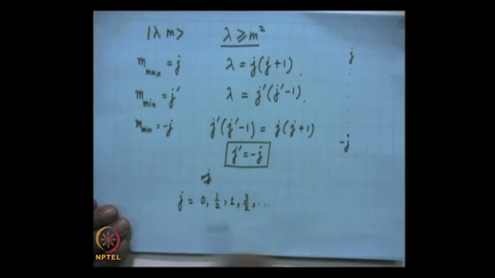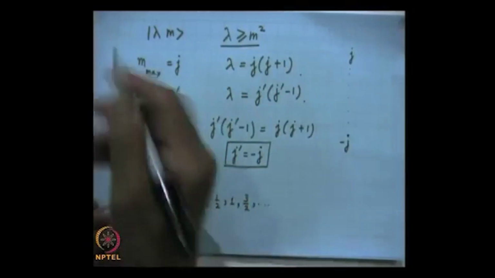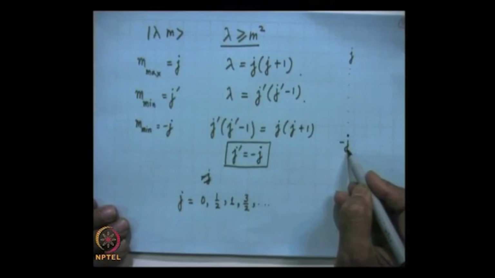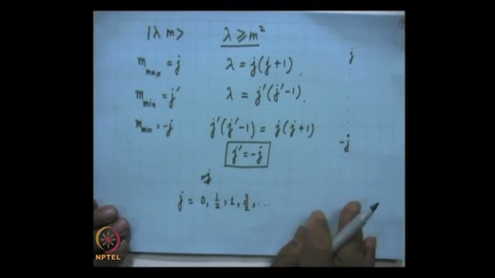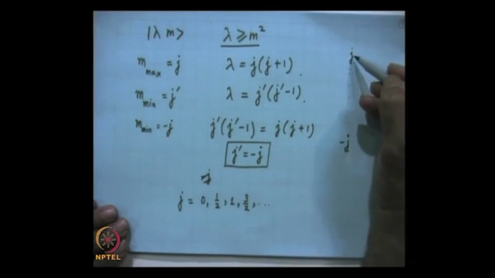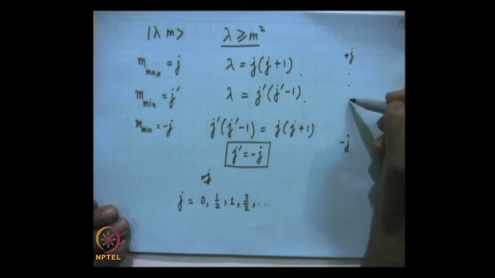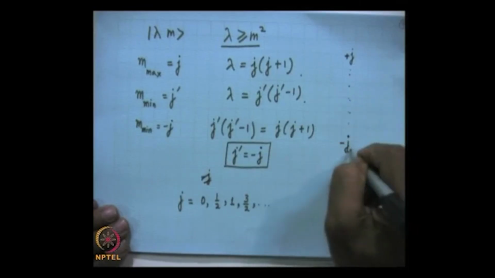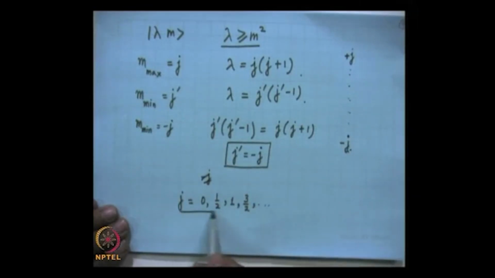Because we have said that if m is an eigenvalue, m plus 1 is also an eigenvalue. If m is an eigenvalue, m minus 1 is also an eigenvalue. It can hop in units of 1, and it has to land up on minus j. Otherwise, you will never get a null ket. And so, therefore, as you start with plus j, you hop in units of 1 and you go to minus j. That will only be possible if j takes these values.